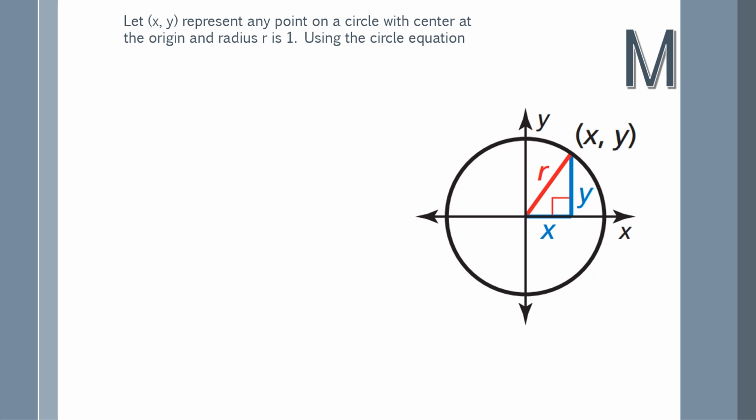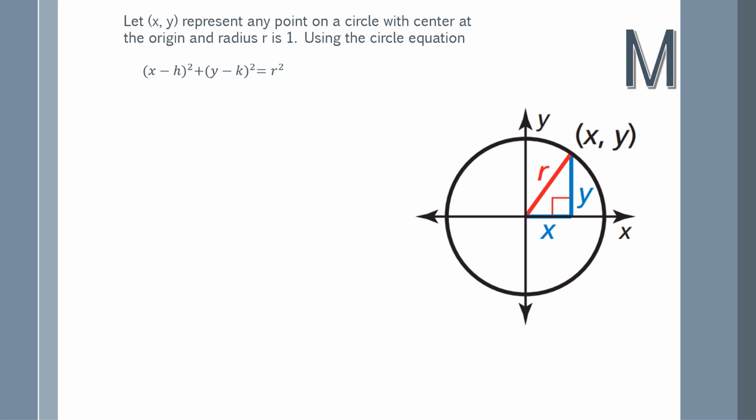So let x and y represent any point on the circle with a center at the origin and with a radius of 1. And using the circle equation, you get this guy right here.